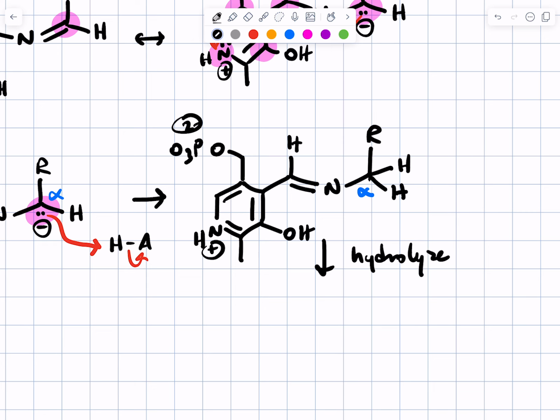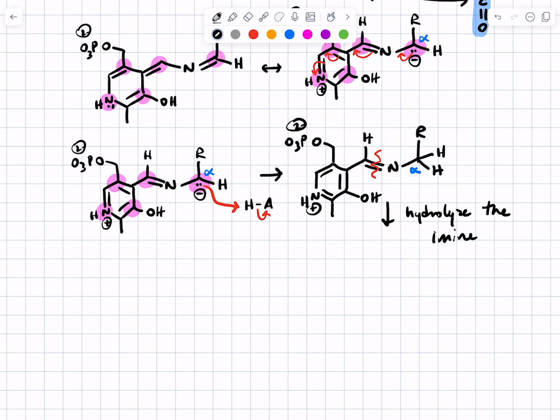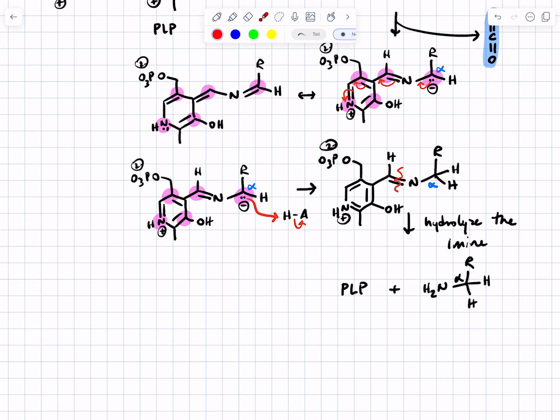And I won't show you that mechanism because you know it. You've seen it before, and if you need to review it, it's in chapter 14. That will regenerate the PLP aldehyde, and importantly, it releases the amino group. It releases your now neurotransmitter, which has the amine and the side chain still, but the carboxylate is missing, and in its place is a proton.